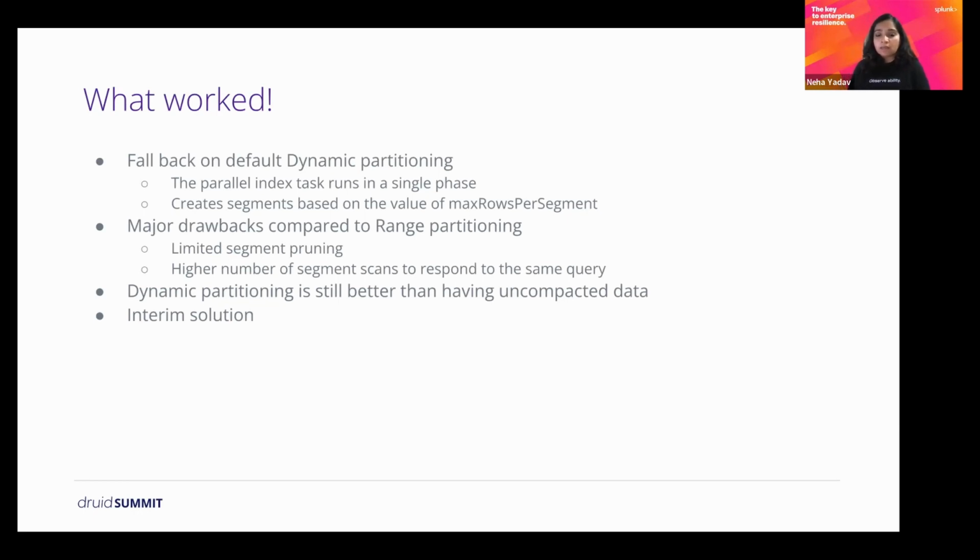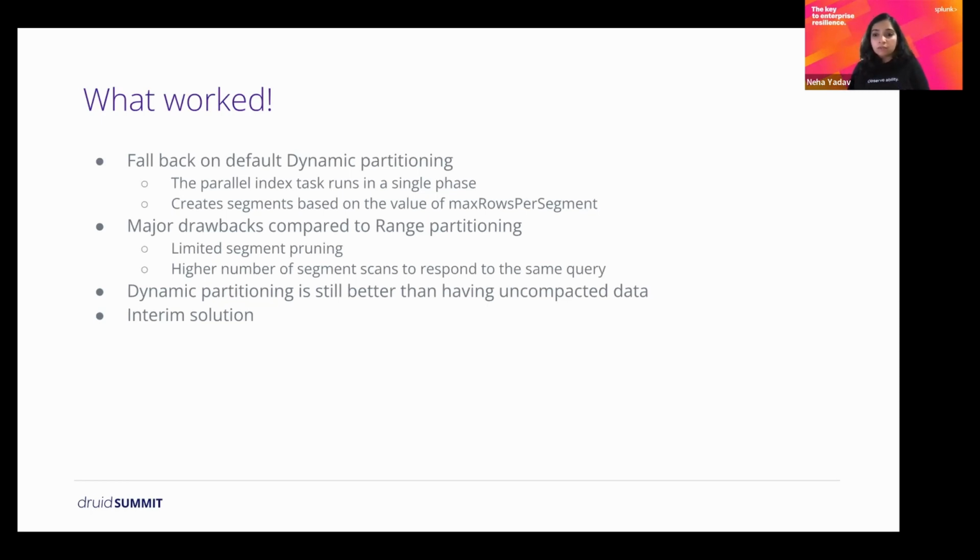There are some drawbacks compared to range partitioning, and you can say these are drawbacks only if they match your use case. For example, if you really need range partitioning compaction to work, then dynamic partitioning is a less viable solution. But there might be some cases where dynamic partitioning would completely suffice for the use case.